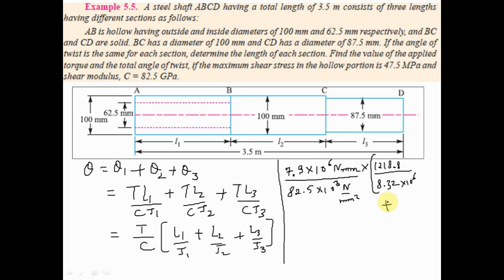L2 was 1439 by J2. J2 was 9.82 times 10 to the power 6, plus L3 by J3. L3 was 842.2. J3 was 5.75 times 10 to the power 6. Bracket closed.